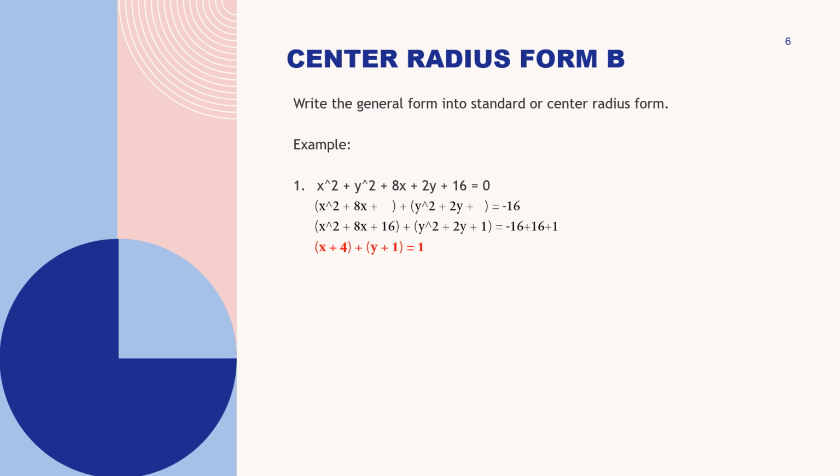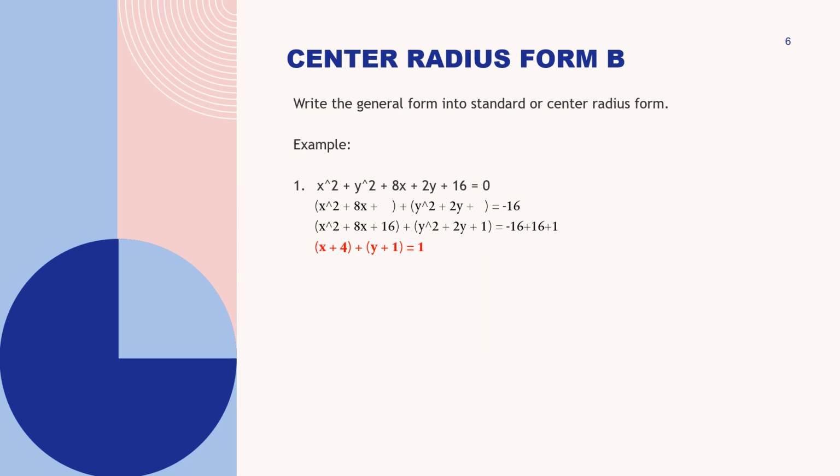Next, after completing the square of trinomial, we need to make this a square of binomial. In making the square of binomial, simply get the square root of x squared, which is x, the square root of 16, which is 4, then copy the middle sign.